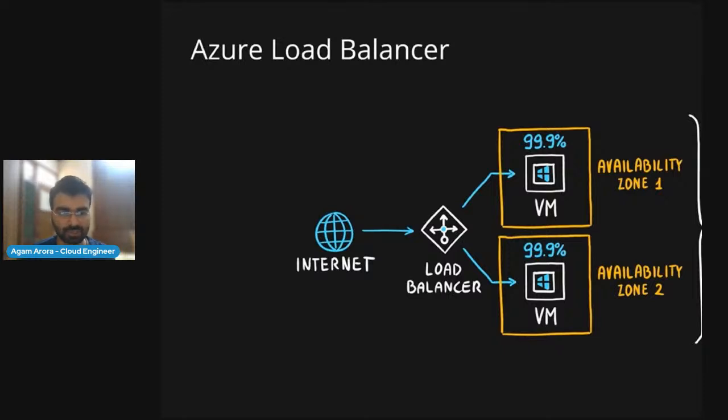So if the traffic increases, the load balancer comes in. Let's say we have set the threshold at 60% CPU utilization, and the machine is running and heating up.